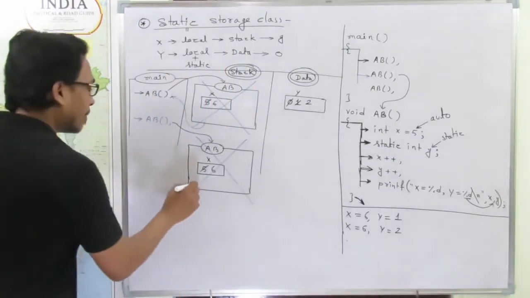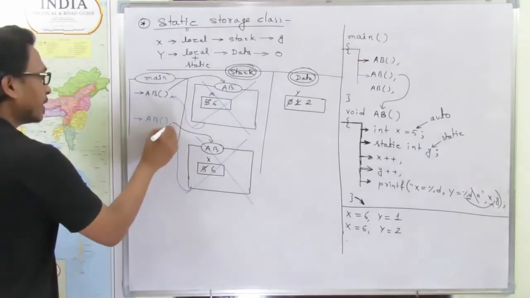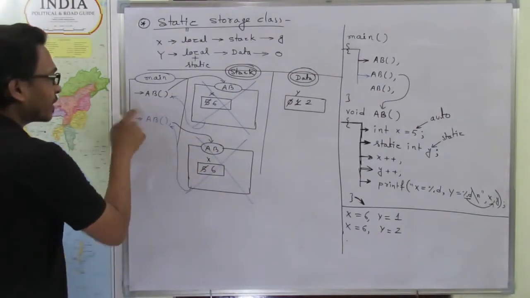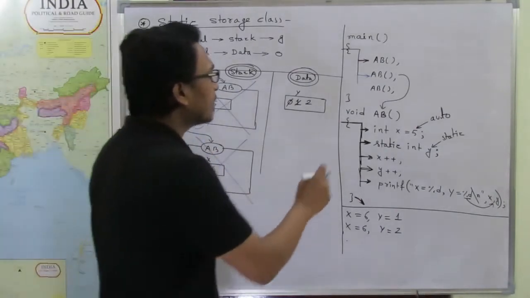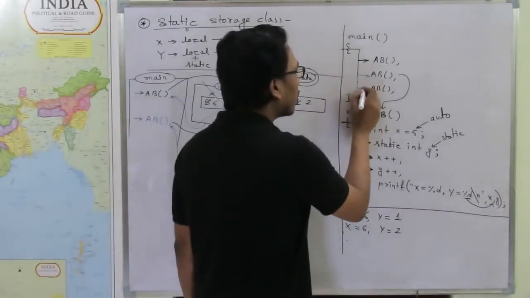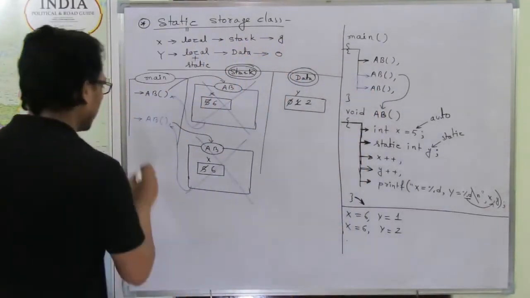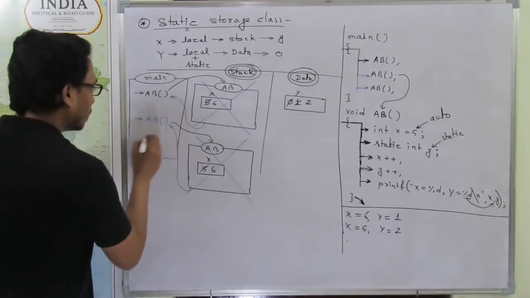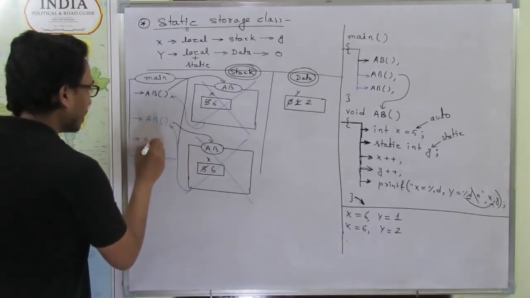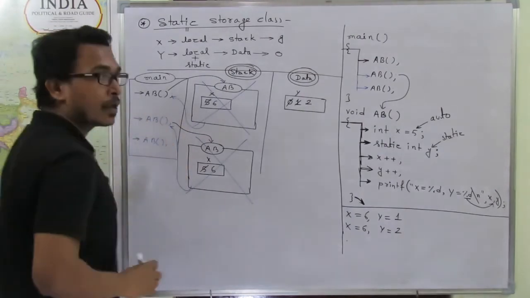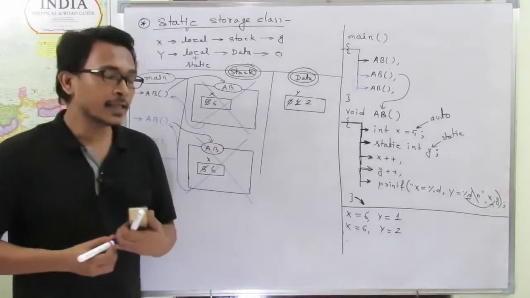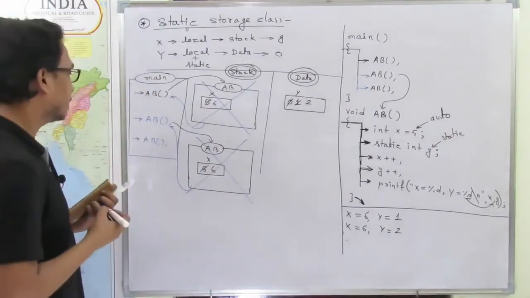Now control comes out from this ab instance to the main function, and then inside main function we again encounter one more ab function call. So in this main function we again encounter an ab function call. Now what will the system do? Now again the system will come out from the main function.